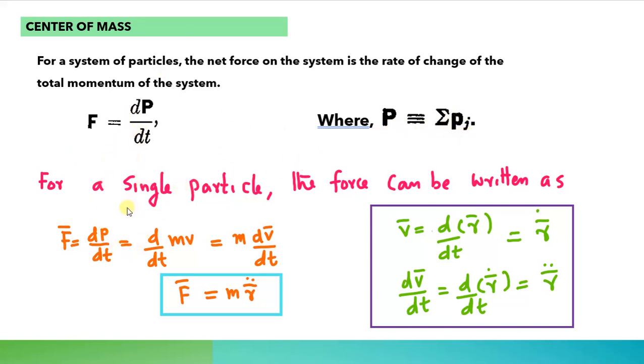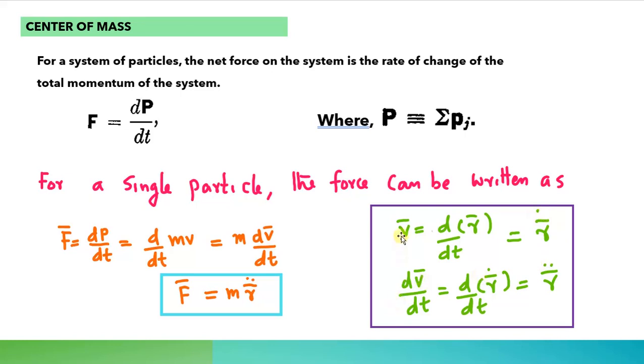Now if we are considering a single particle, the force can be written as F is equal to dp by dt, so it is equal to d by dt of mv, which is m into dv by dt. But we know that v is equal to dr by dt. The derivative of the position vector is usually written as r dot. That is the notation for that.